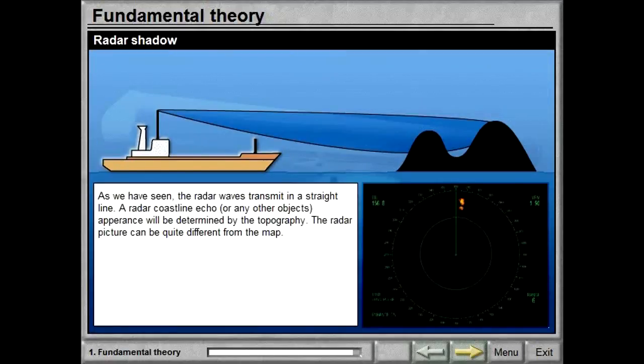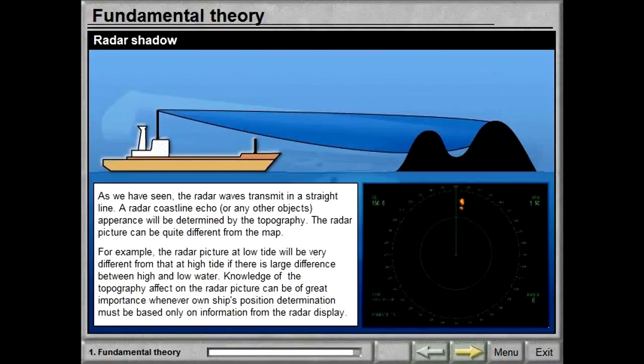As we have seen, the radar waves transmit in a straight line. A radar coastline echo, or any other object's appearance, will be determined by the topography. The radar picture can be quite different from the map.